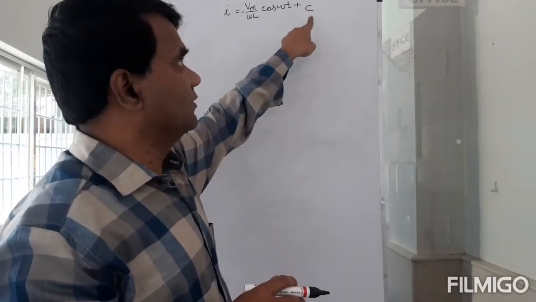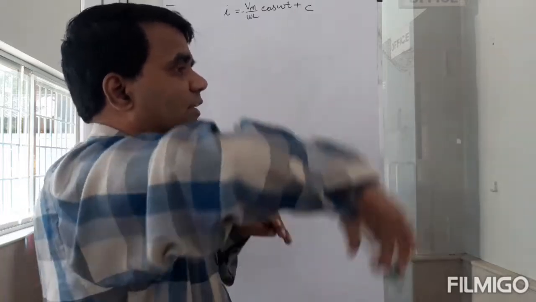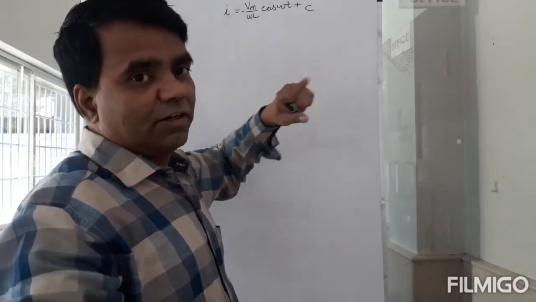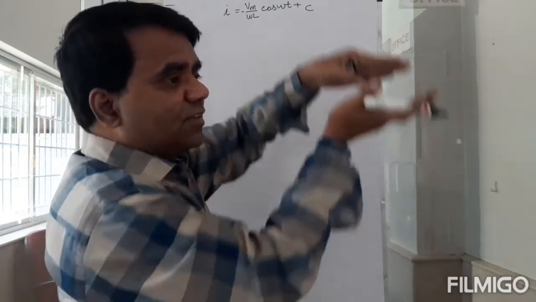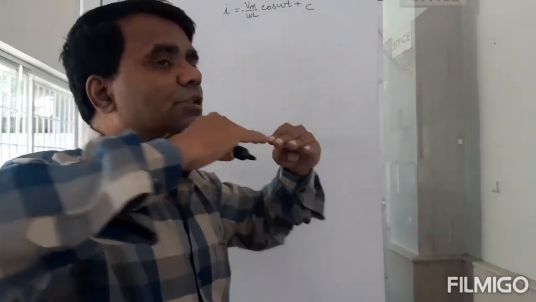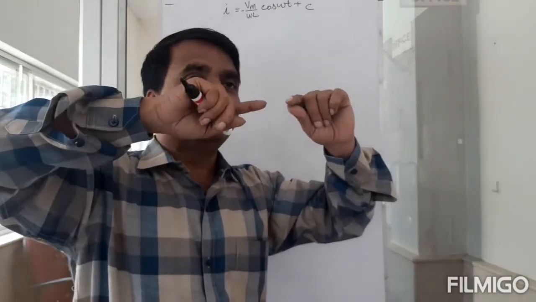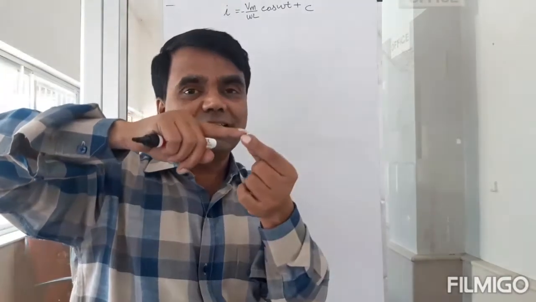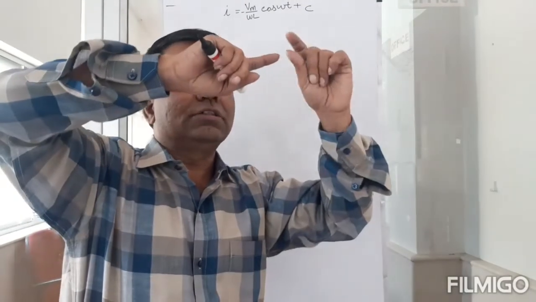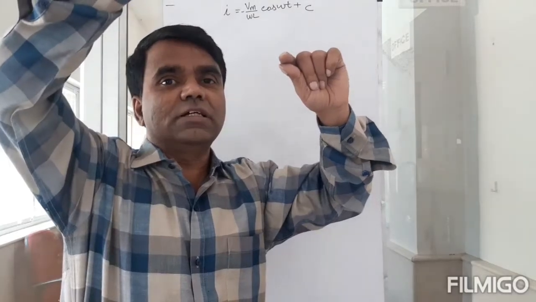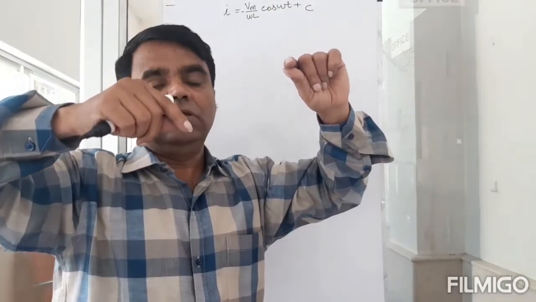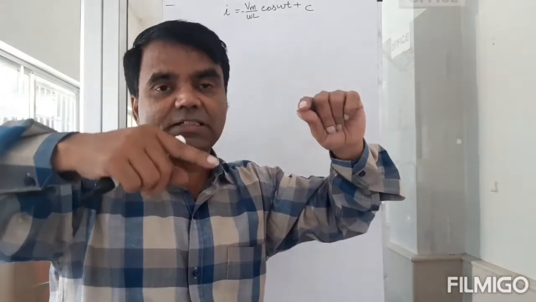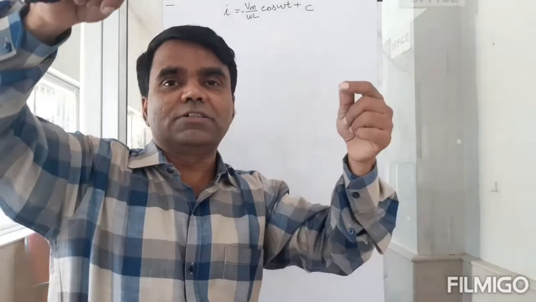Even though I have C here, because it's a sinusoidal curve, the constant value will be 0 because you're not shifting it. It's not that it's going from, say, 2 to 10, then to, say, minus 8 or something. It starts from 0 and then goes to 10 and then comes back to 0, then minus 10, and goes back to 0.